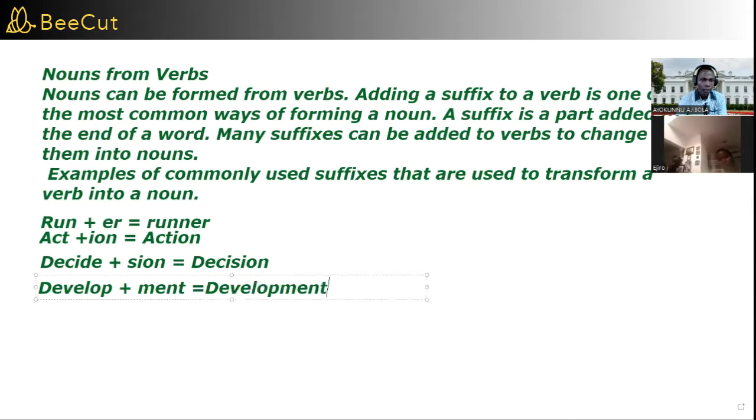And the last one I'll be mentioning, destroy plus TION becomes destruction. And that is that about forming nouns by adding suffixes to verbs. By adding a suffix to a verb, you form nouns.